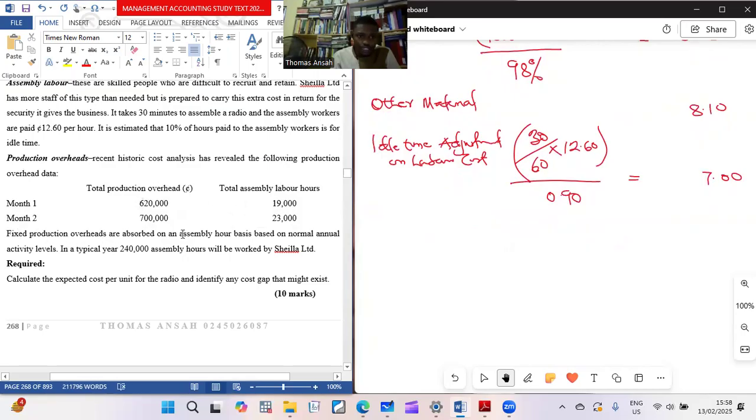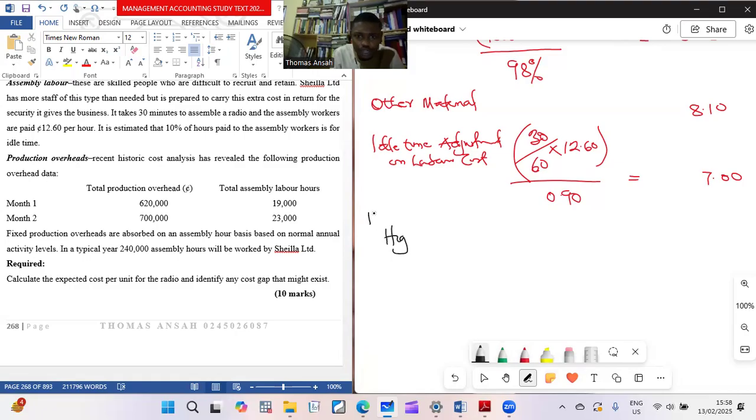Fixed production overheads are absorbed, remember, on the assembly hour basis of the normal annual activity. In a typical year, 240 assembly hours will be worked by Sheila Limited. So it means that what did we say we will use to do the separation? The high-low method, right?